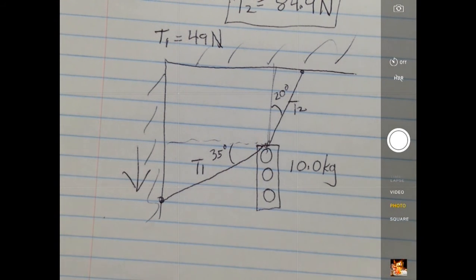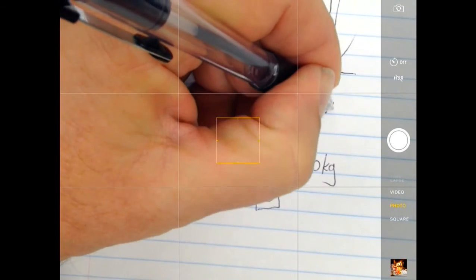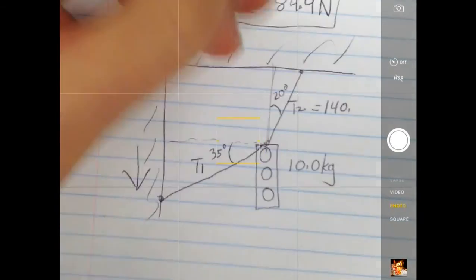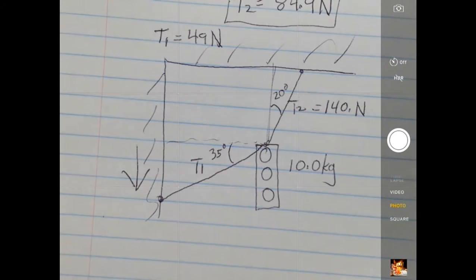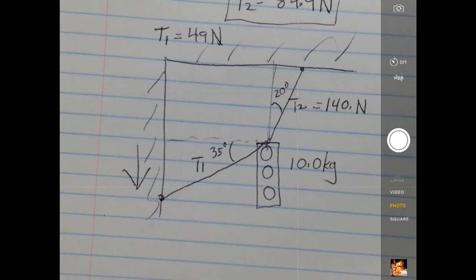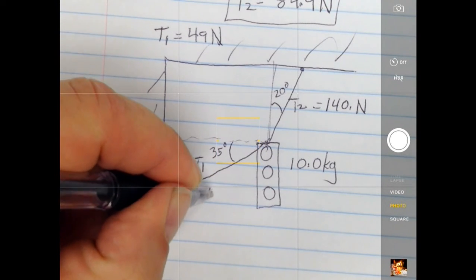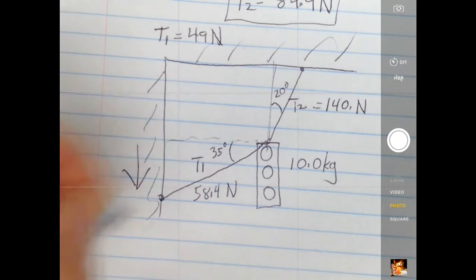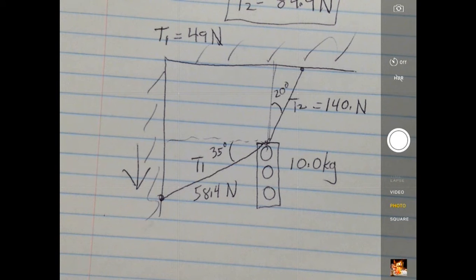So T2 worked out to be 140 newtons, 139.99, whatever, rounded up. T1, I got, like Santosh, 58.4 newtons as this hypotenuse going downward.